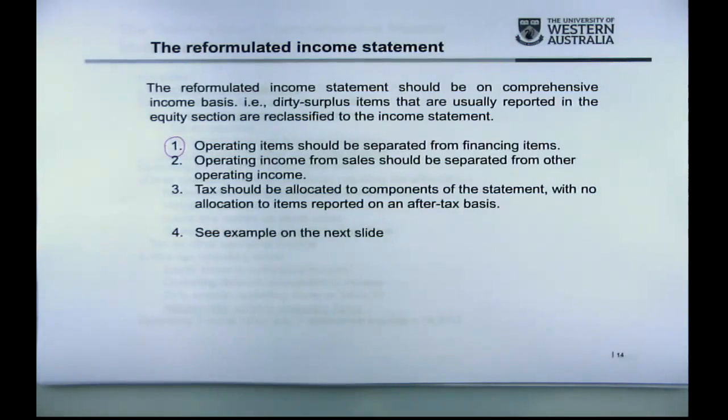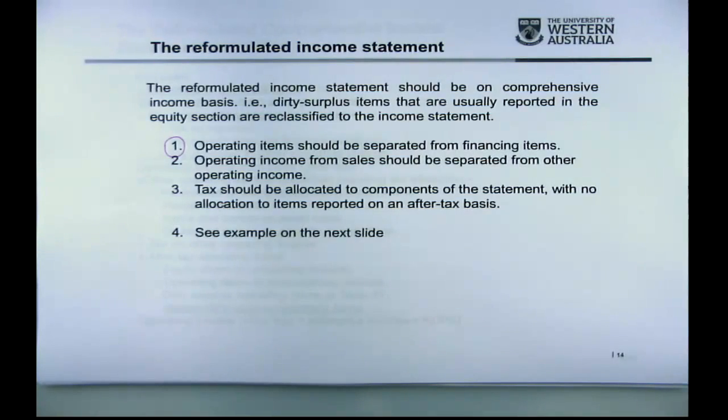We need to calculate the operating income that comes from sales and isolate it from other operating income from sources other than sales. Make sense? That will make it easier for us to see where most of the value is coming from. Is it coming from the sales of the firm? Because this is where most of the value should come from.